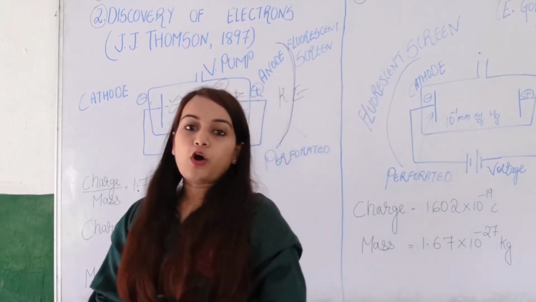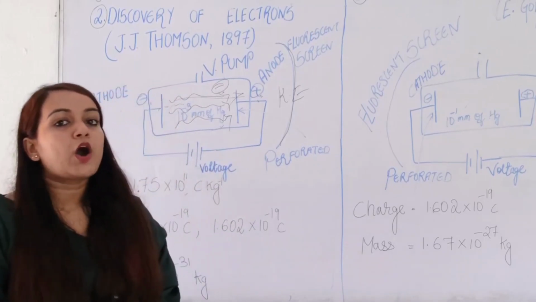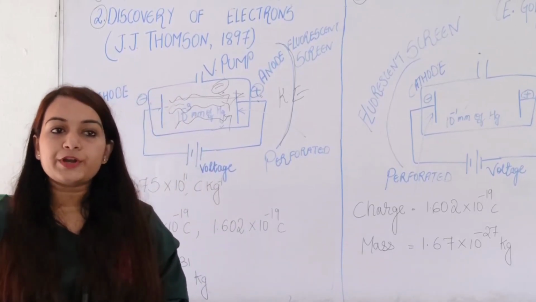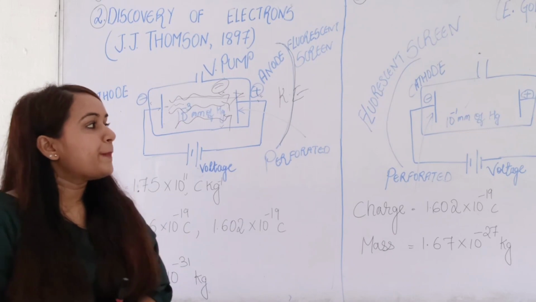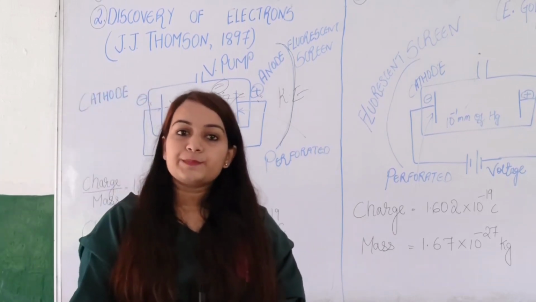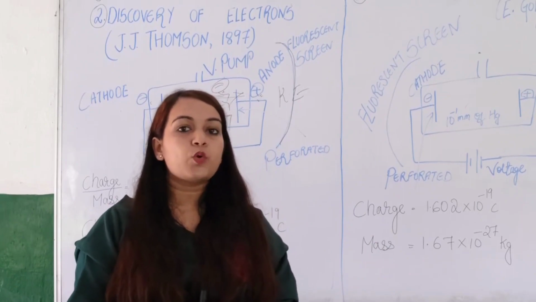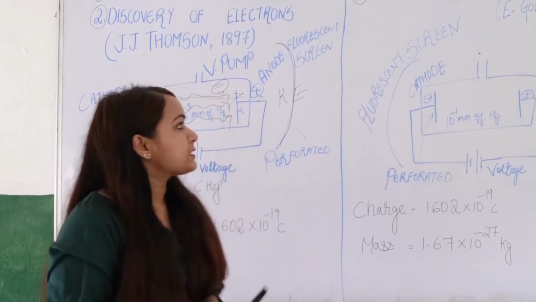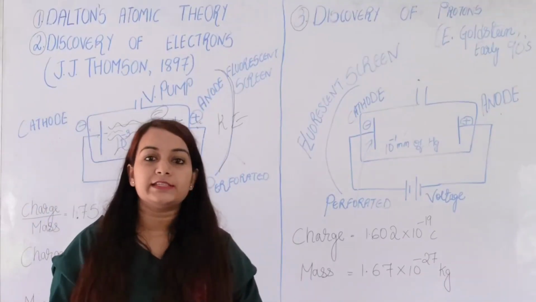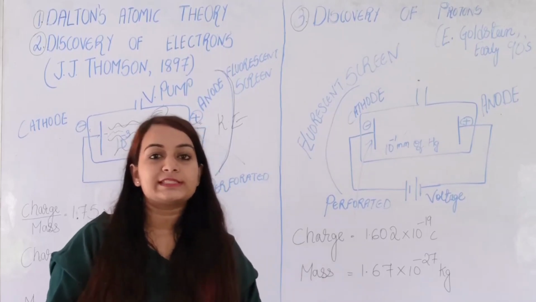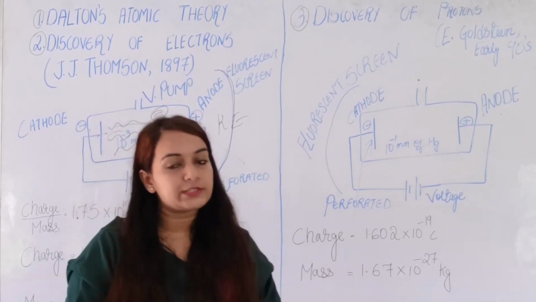Now the discovery of the proton was also the outcome of J.J. Thomson's experiment. As said, many scientists were performing the same experiment, either by changing the materials or not. One scientist named E. Goldstein, in the early 1900s, also wanted to perform the same experiment conducted by J.J. Thomson.